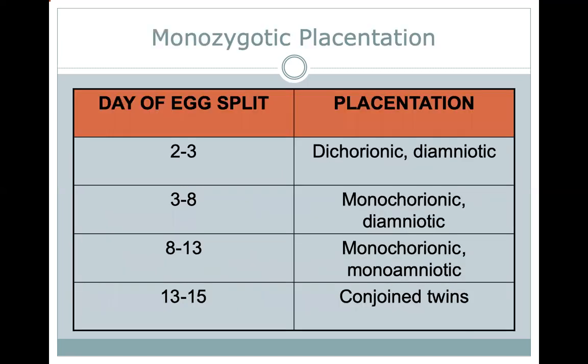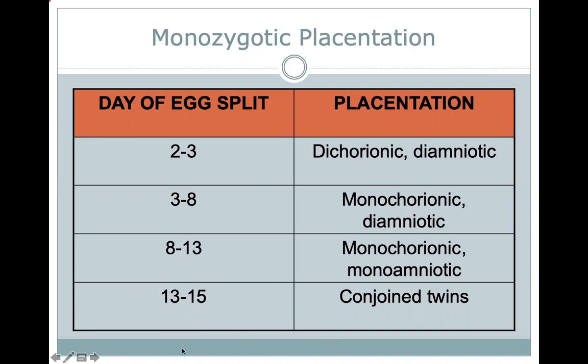Next slide. The monozygotic placenta is determined by the day that the egg is split after fertilization occurs. So the earlier the split, if at 2 to 3 days the egg splits, it's dichorionic, diamnionic placentation. If it occurs between days 3 and 8, monochorionic, diamnionic placenta.